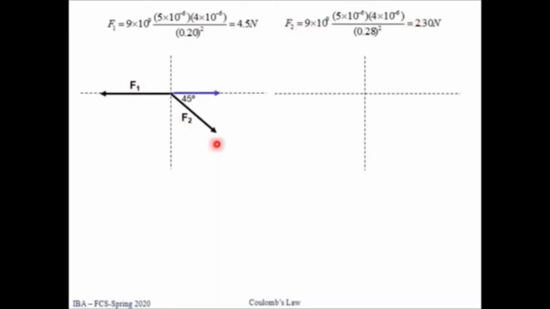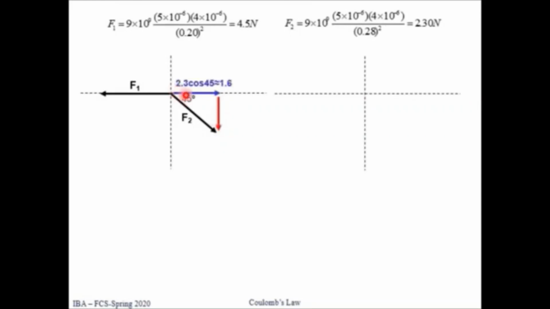And as I mentioned before, F2 must be resolved into its components. So let me resolve it. One component of F2 is along the positive x-axis, which is the horizontal component, and another is along the negative y-axis, which is called the vertical component.